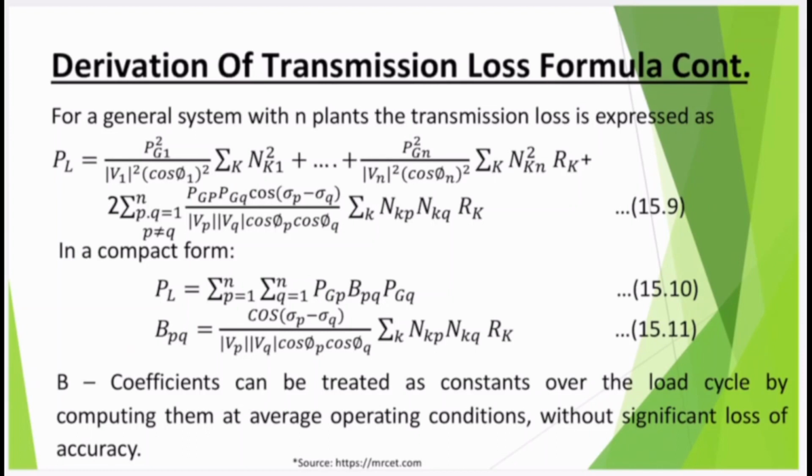Today the load at a given point of time is something different compared to tomorrow, or the day after tomorrow. So around the year, the load keeps on changing. When the load keeps on changing, the power flow keeps on changing, and hence my coefficients, calculated on a particular day and time, will keep on changing. So how do I claim my loss formula equals some constant times P1 square?